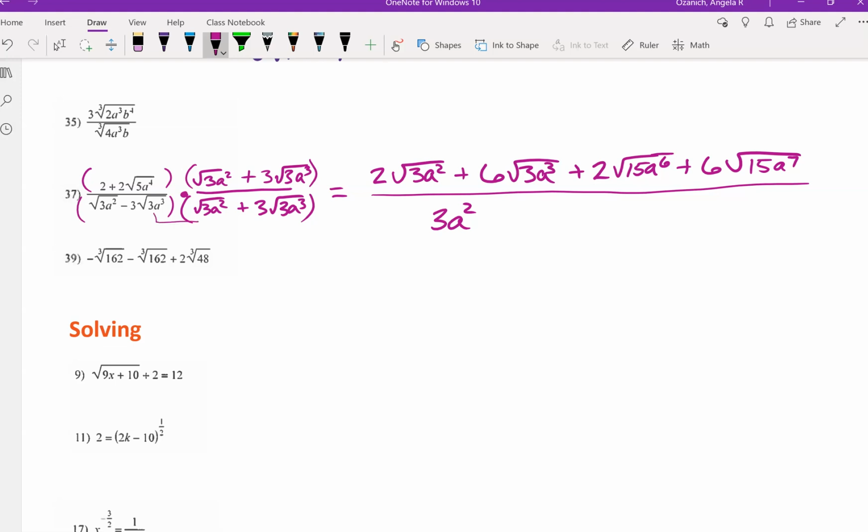So I'm not going to write those down, but I would remind you that we would be multiplying this first term times this last term. And because those are similar values, just one is positive and one is negative, those will cancel. So the last thing I'm going to grab here is the minus, and 3 times 3 is 9, and root 3a cubed times itself is just going to be 3a cubed.